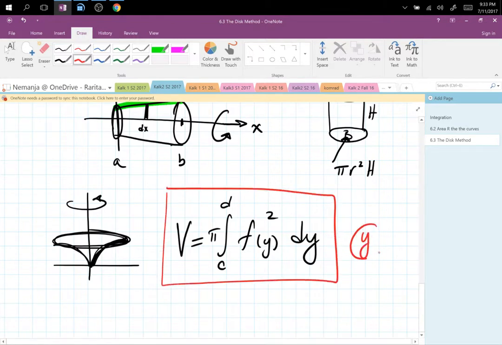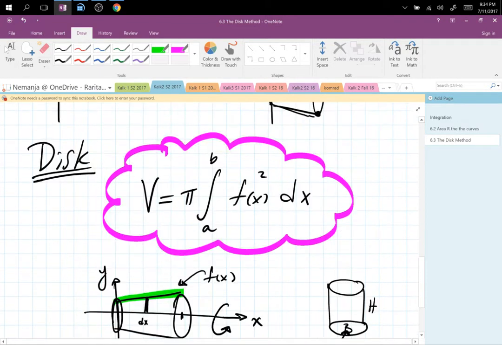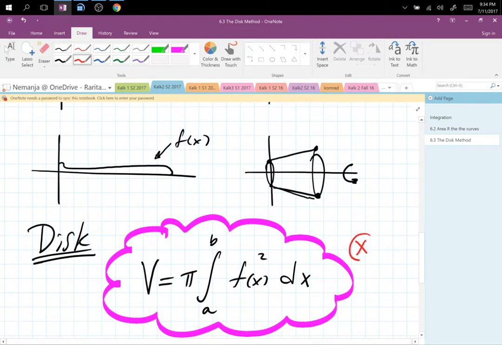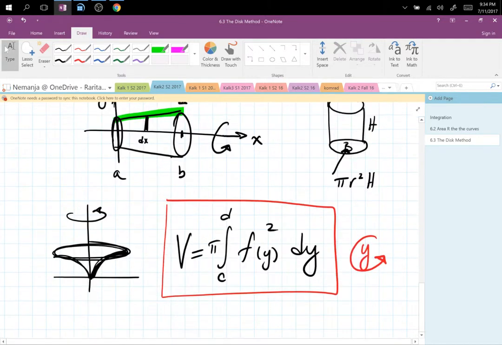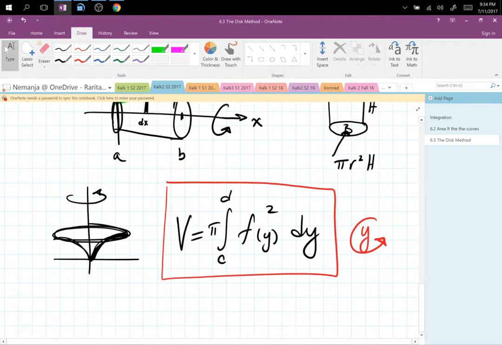Now I usually put rotation around y with the formula, and then over here I will say rotation around x. So go back, add the rotation around x, and then on the bottom formula for the y direction, rotation around y, make sure your integral goes from c to d, because that's y1 and y2.